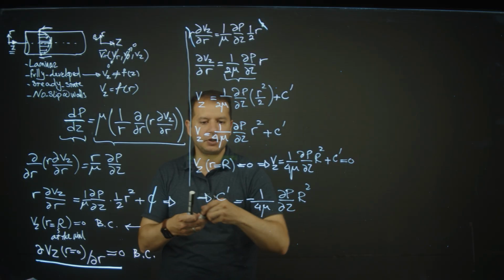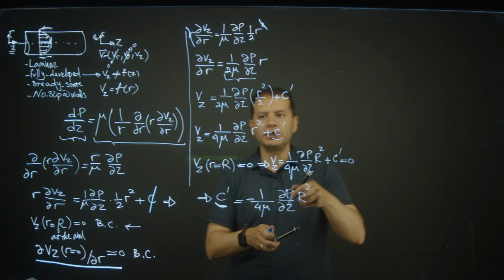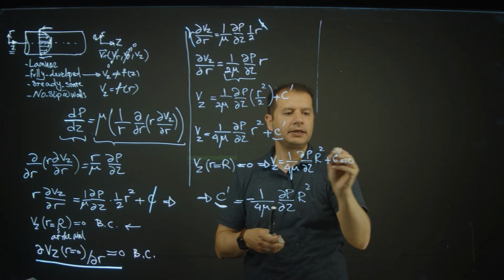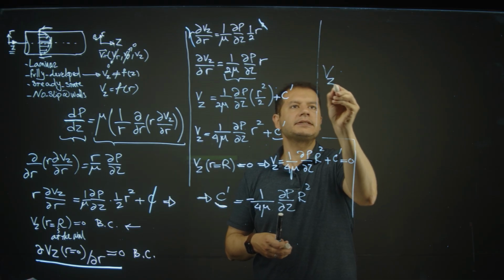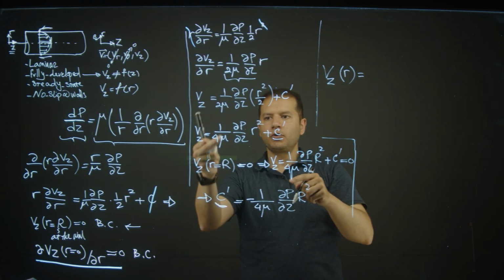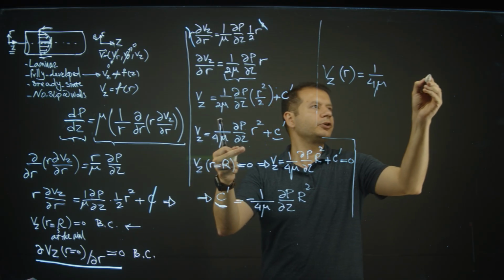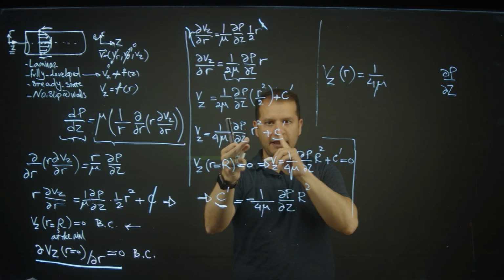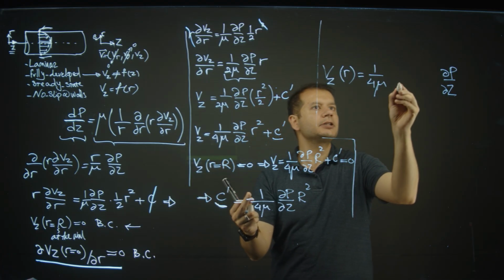And so I can plug this c prime in to get my velocity in z direction as a function of r to be 1 over 4 mu dp/dz, with r squared and minus R squared.